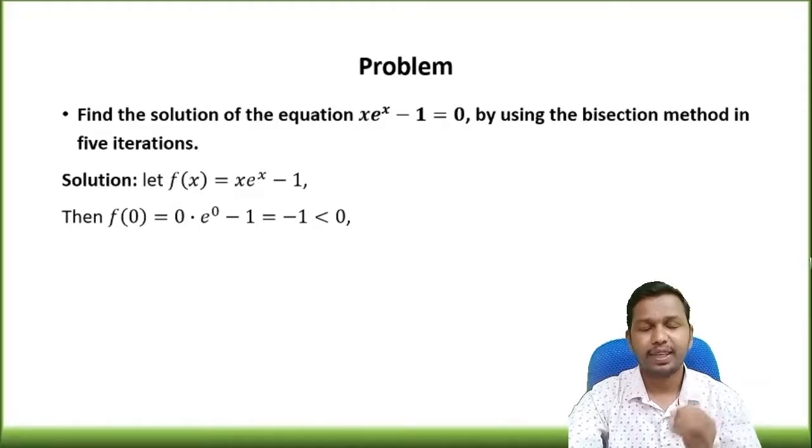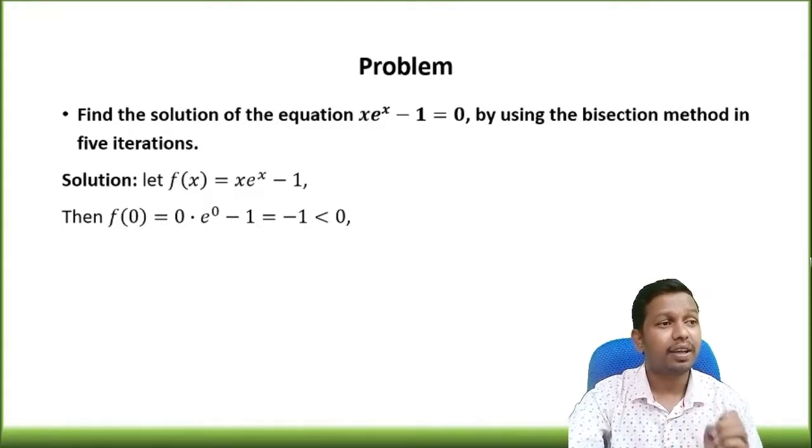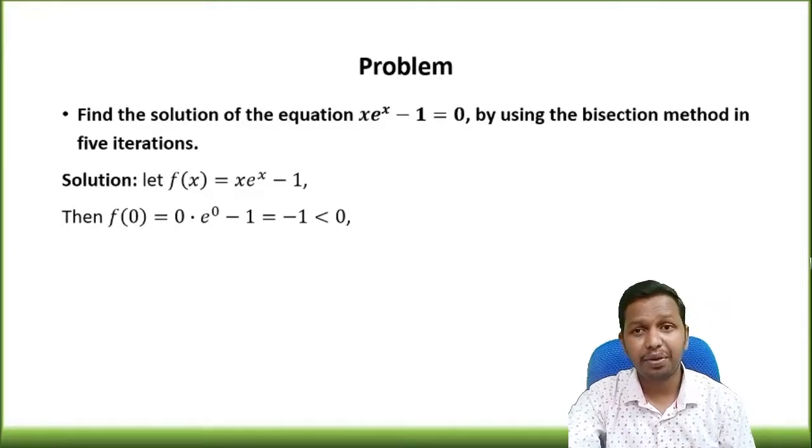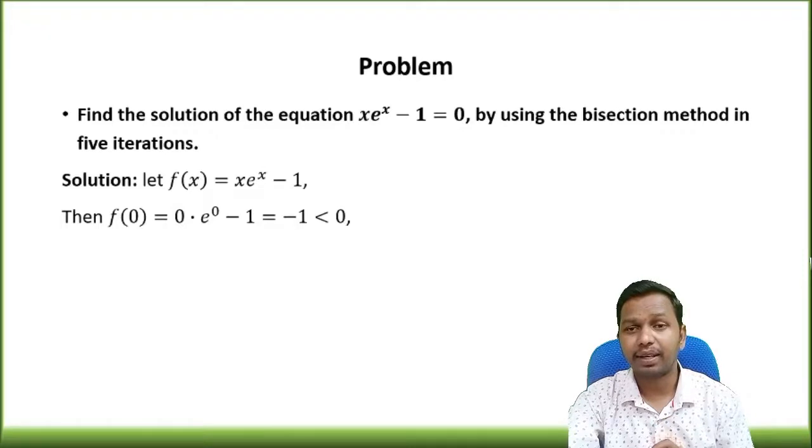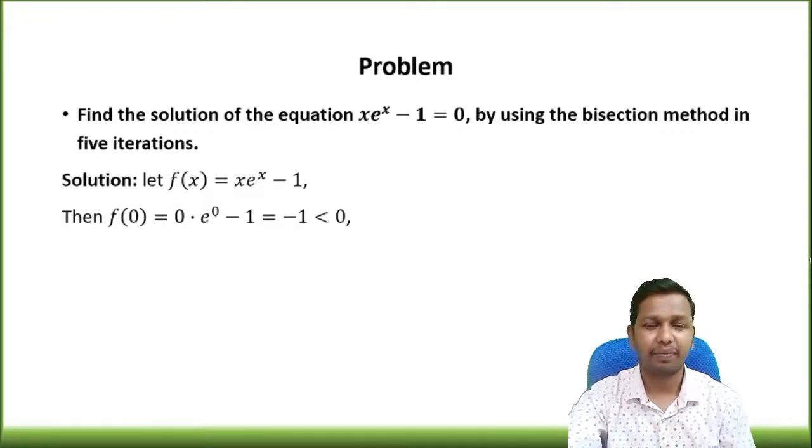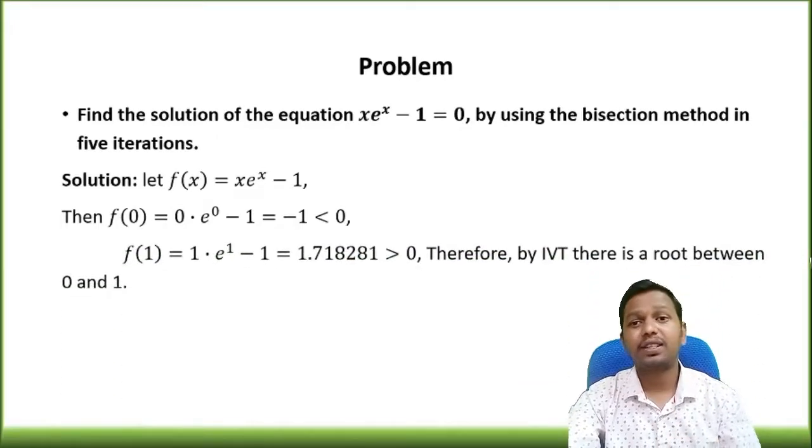So I put the value 0 for x in the given equation, that is f of 0 equals 0 into e power 0 minus 1 equals minus 1, which is negative. Similarly, next I give the value 1 for x.